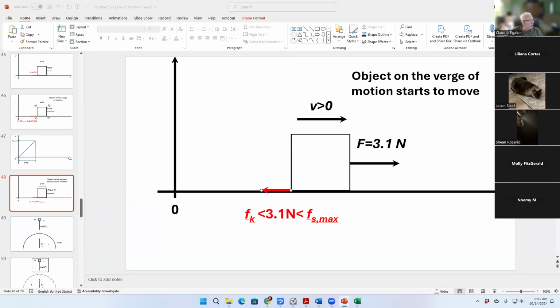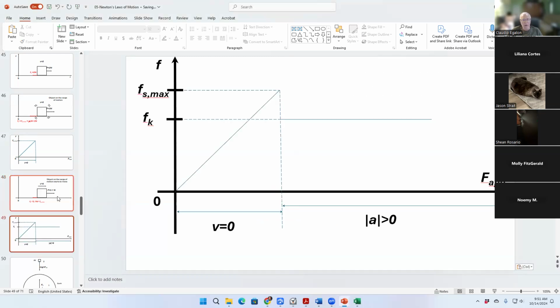And now I can show you the other graph. Here you go, the other part of the graph. Initially, we are applying a force. The object doesn't move at all. As I increase my applied force, the force of static friction counters the applied force until the applied force reaches a value equal to the maximum value of the force of static friction. I increase the applied force just a little bit, and the object starts moving.